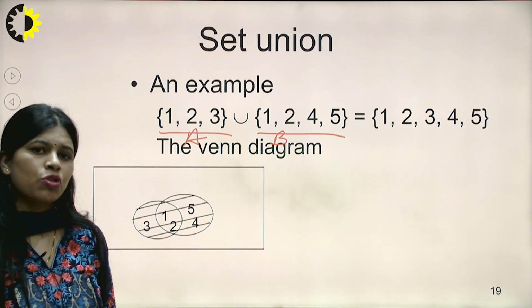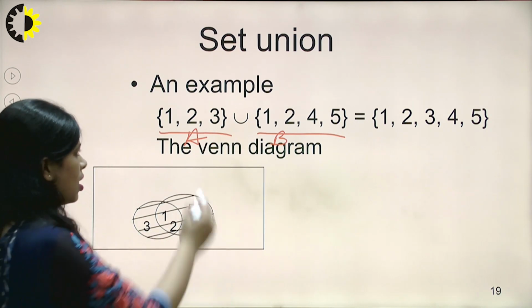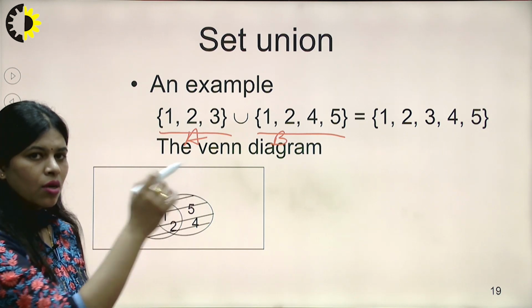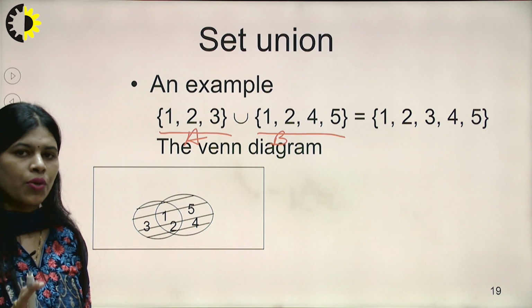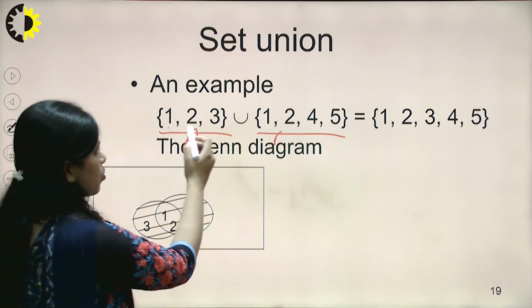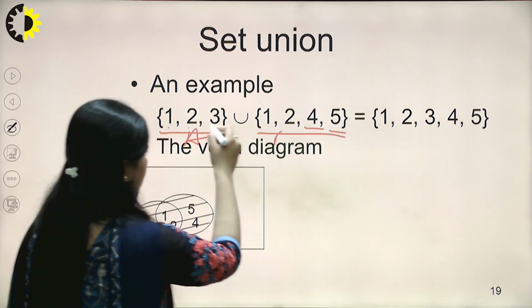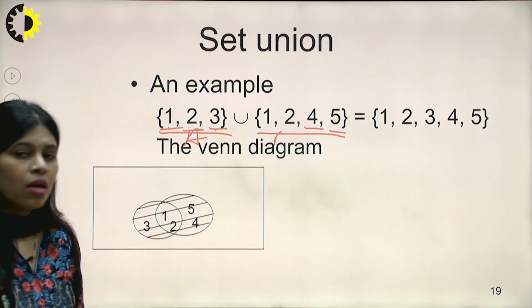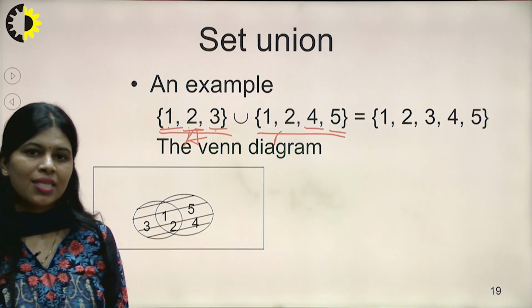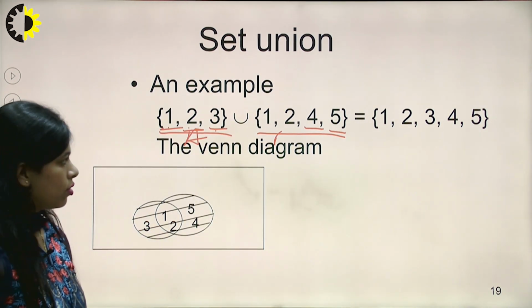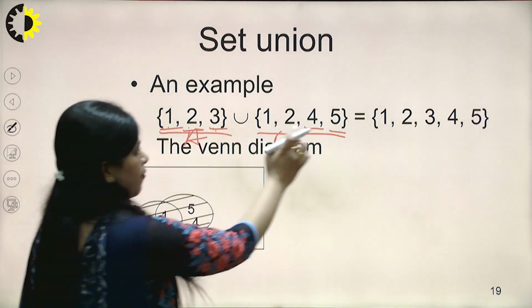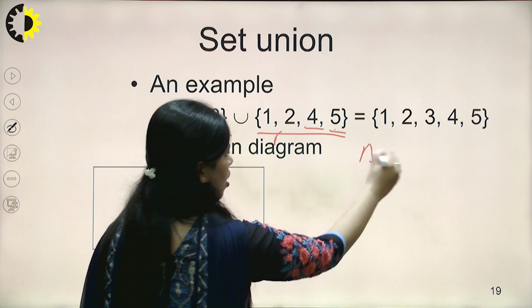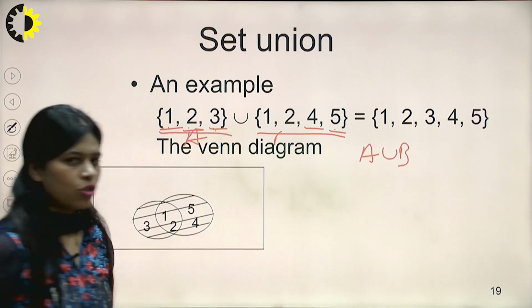That means all the distinct objects present in both sets: 1, 2, 3, 4 and 5. Five distinct elements are present in set A and set B. So the union operation gives 1, 2, 3, 4 and 5. This is the representation and calculation of A union B.